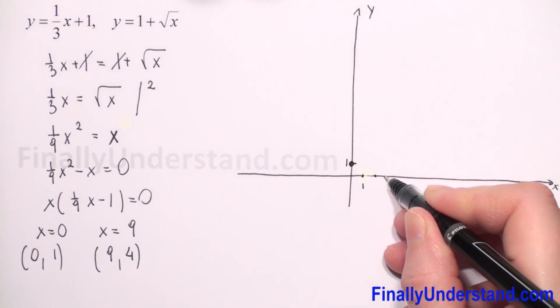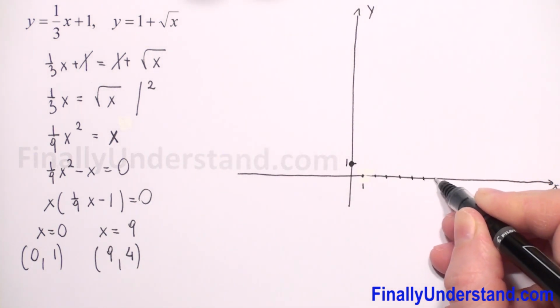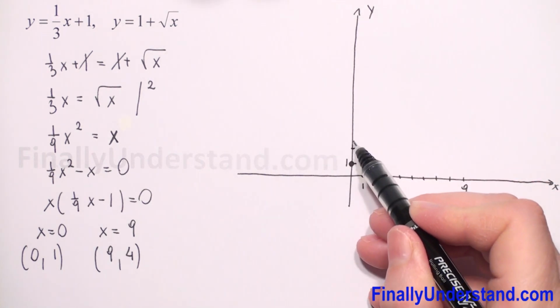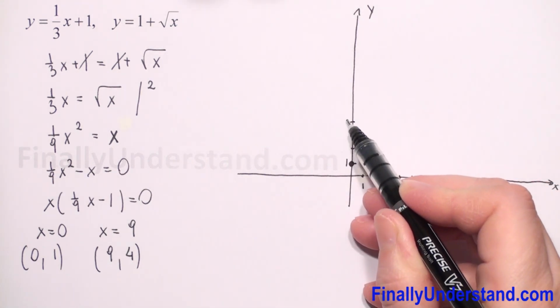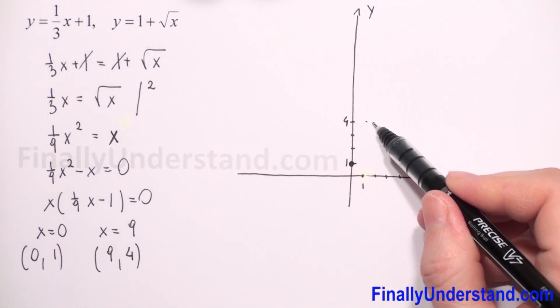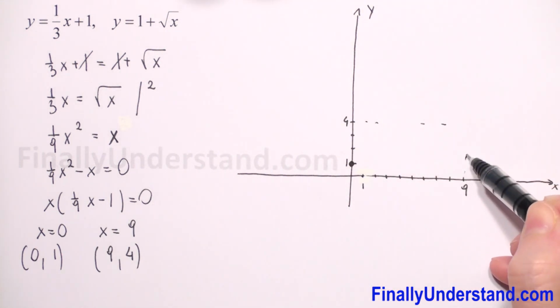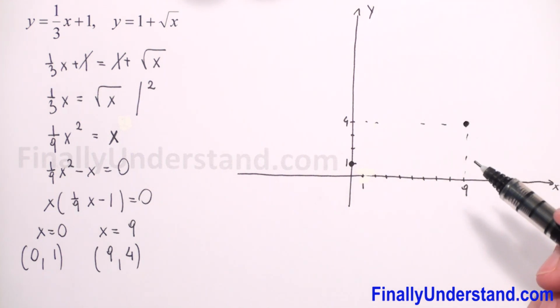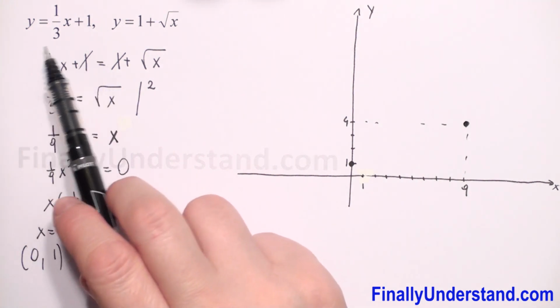So it's 1, 2, 3, 4, 5, 6, 7, 8, 9. For 9 we have the value 4: 1, 2, 3, 4. So this is our second point of intersection.